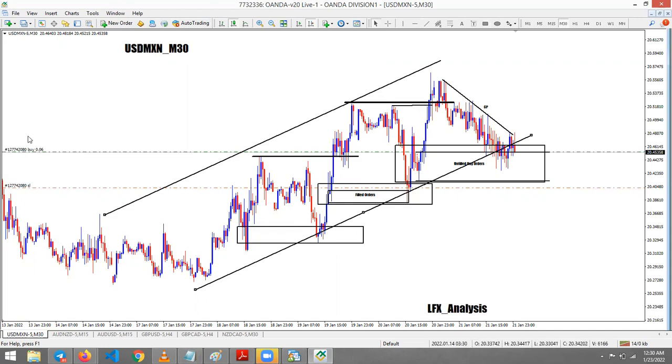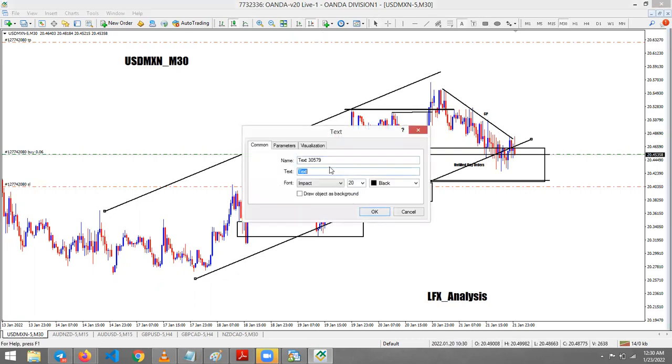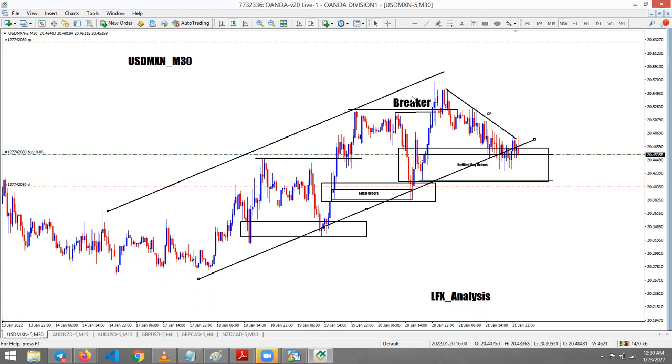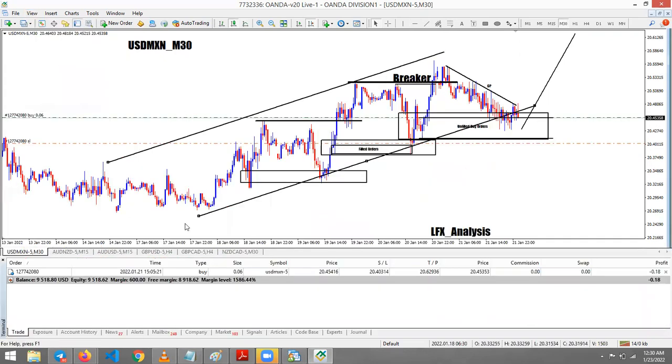I've placed this entry here based on the breaker. Each time you see a breaker, it just confirms the direction of price. So I'm anticipating price will possibly continue going up, based on the concept of market structure and breaker.